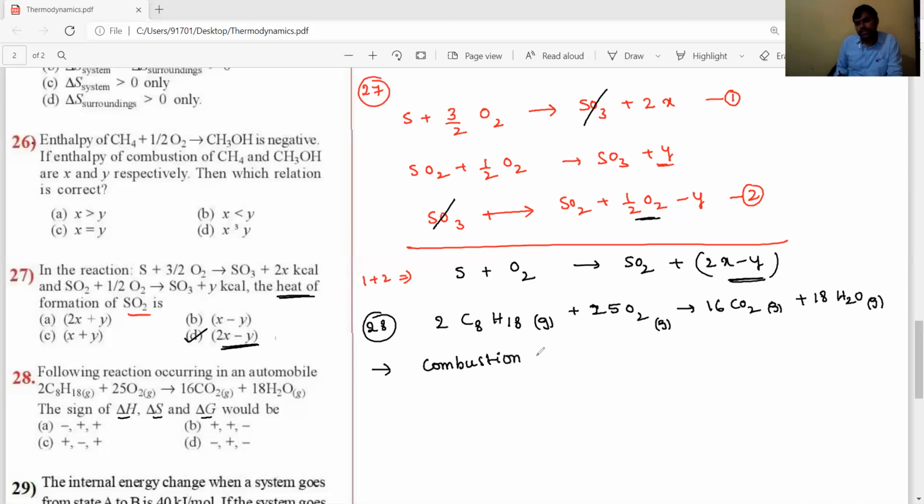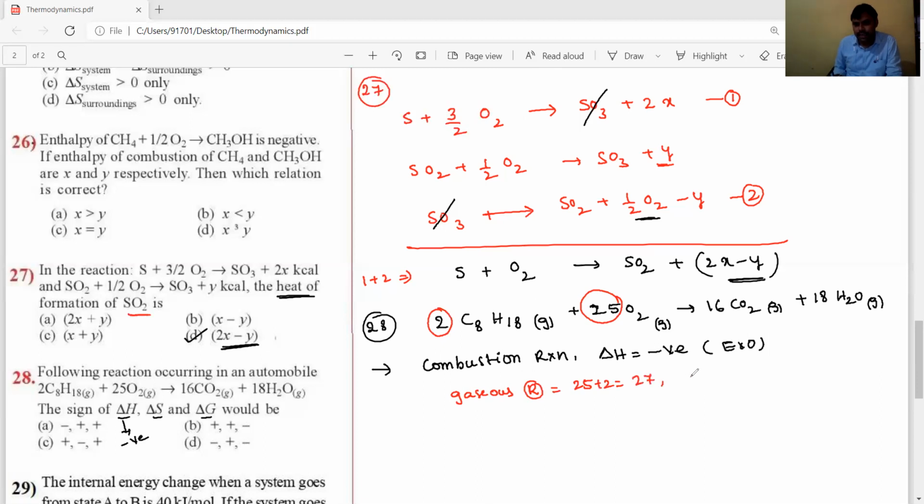It is a combustion reaction. In combustion reactions, delta H is negative because of exothermic. Now we know the delta H sign, dear students? Negative. Now entropy, the entropy will increase. If you observe the gaseous state reactants, how many are there? 2 moles and here 25. Total gaseous state reactants is 25 plus 2 is equal to 27.